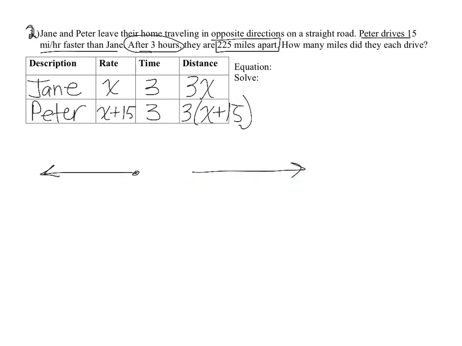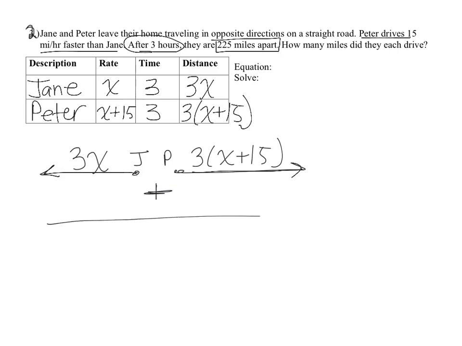So I want you to picture this. If this side is Jane, and Jane's distance is being represented by 3x, and this over here is Peter, and his distance is being represented by 3 times x plus 15, well, their combined distance together is 225 miles apart.